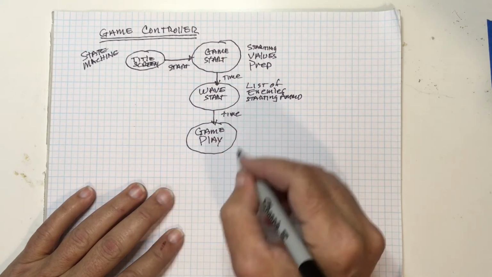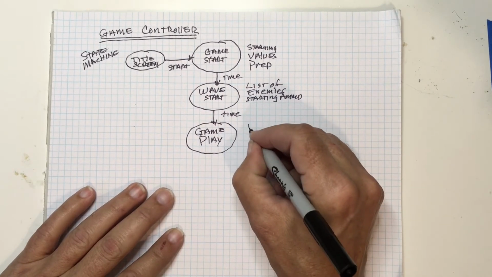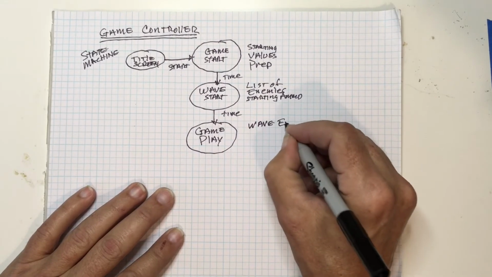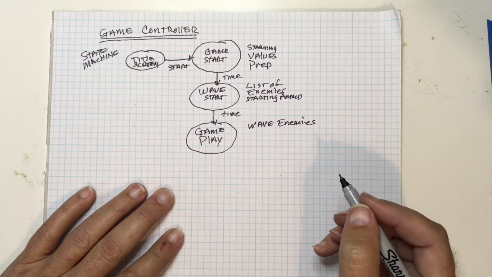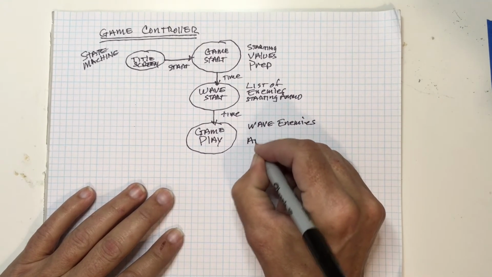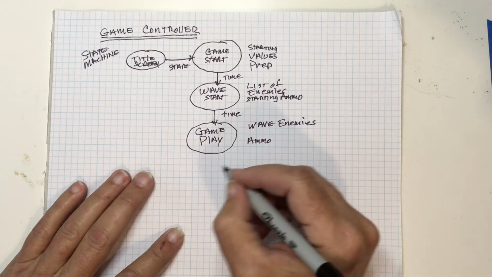The gameplay will just go through and check to see if there are any more wave enemies to bring out, or if they've been totally destroyed. It also checks to see how our ammo is. Do we still have ammo, or are we out of ammo?